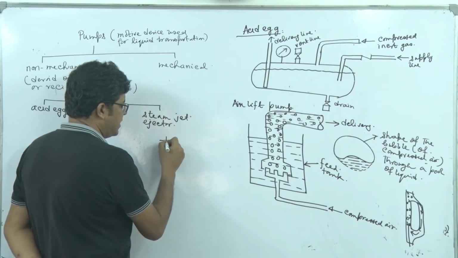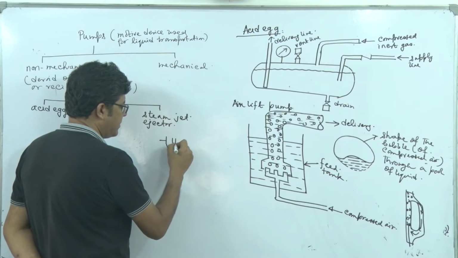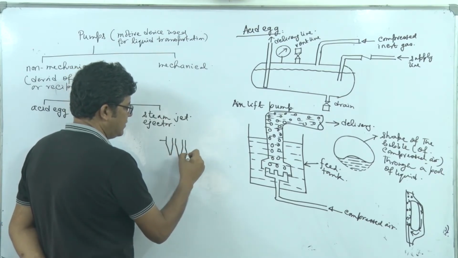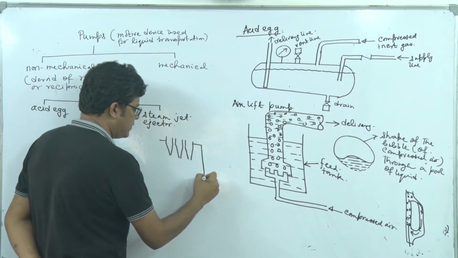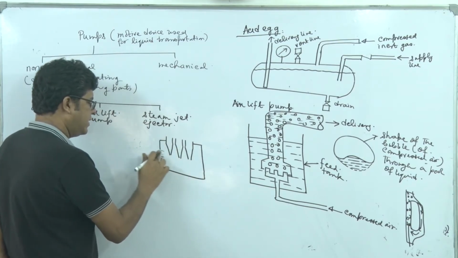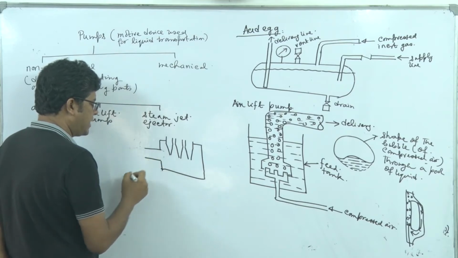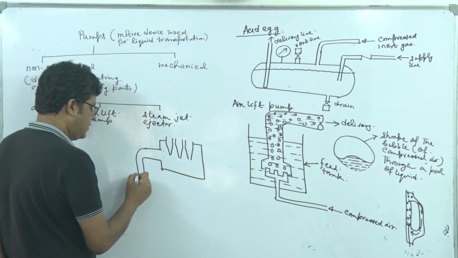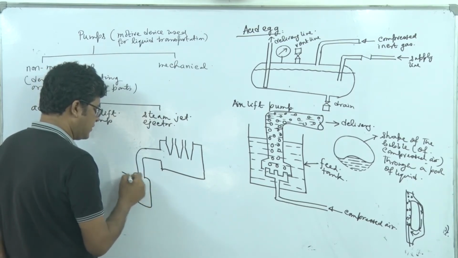Now, a steam jet ejector actually consists of highly converging nozzles, a set of parallel nozzles, which are inserted in a box. And this box is connected to the device. Actually, this is a device used to produce vacuum, right? So here we have a device where we want vacuum. This is a process device.